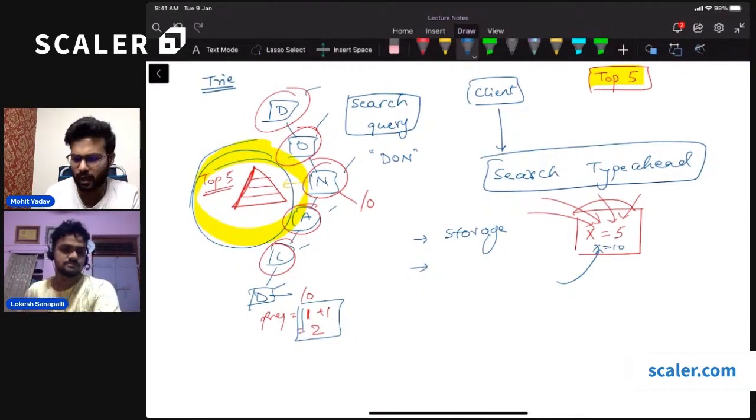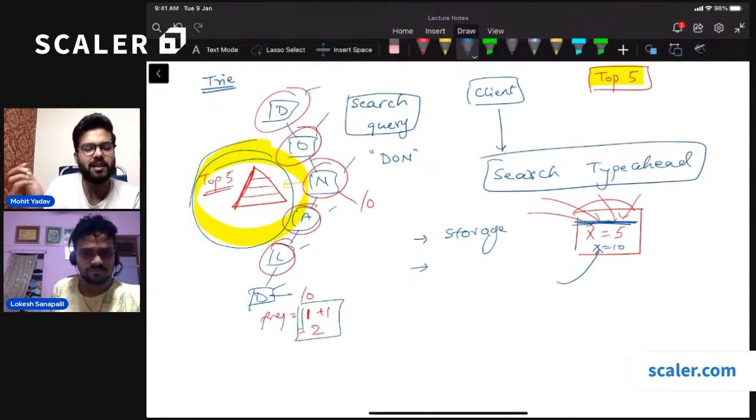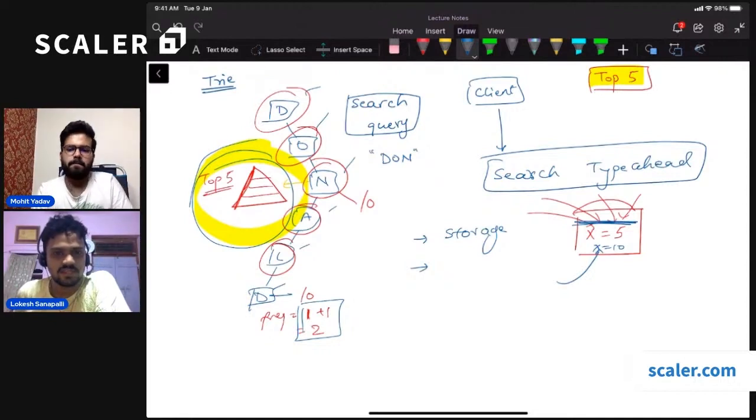Unless this value is written, all the read threads will have to wait. They cannot read this value of x. So if I have to update the value of all the nodes, till that time I will not be able to serve the reads as well. Yeah, that's true. Reads have to wait till these writes are done.